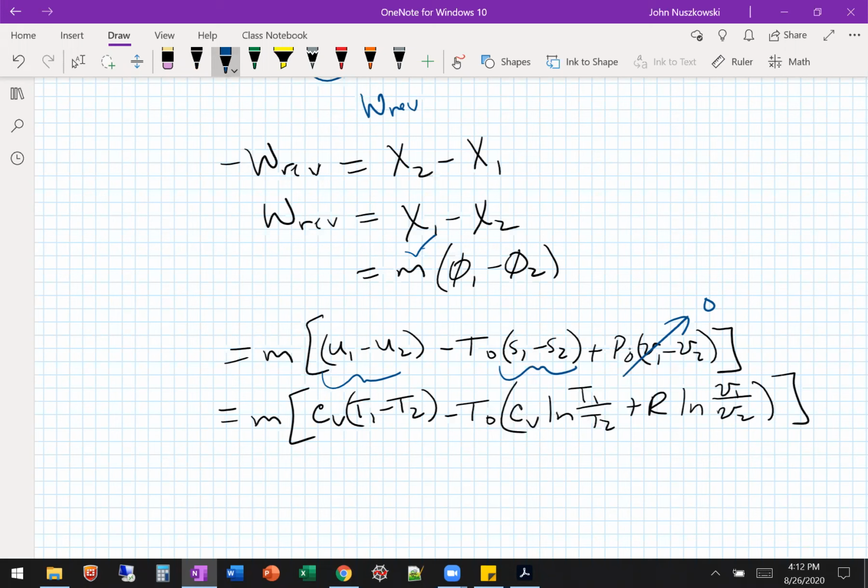Because that allows me to get rid of this term, the natural log of 1, because the volume's the same, is equal to 0. Okay.